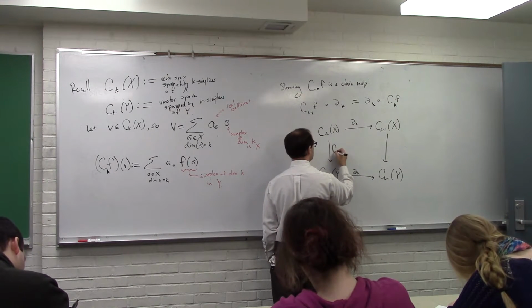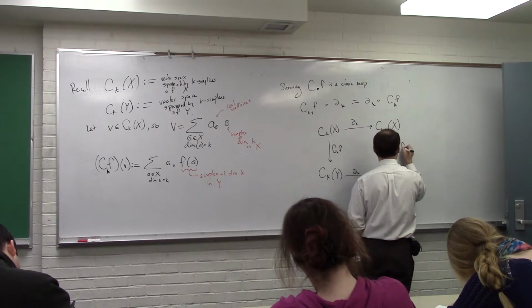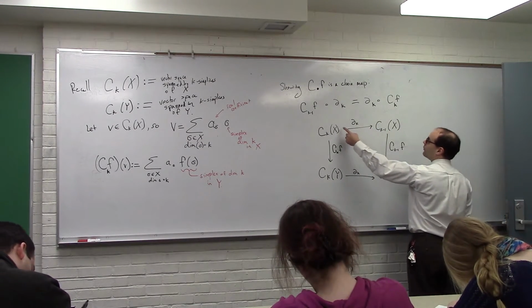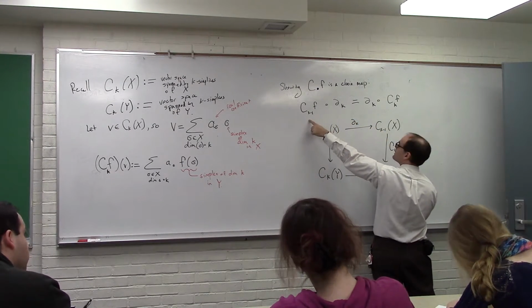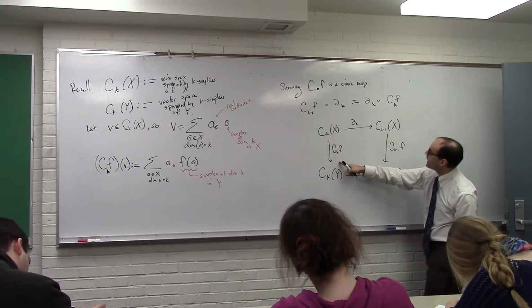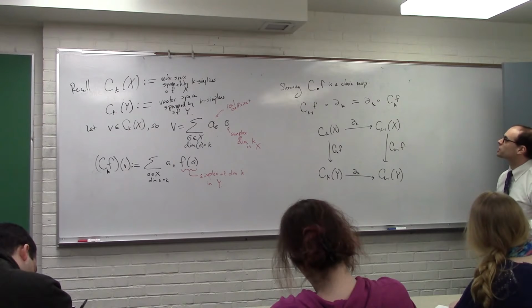This is CKF, and this is CK minus 1F. So if I first do the boundary, then I've got to do the K minus 1 to get to here. Here I'm doing CK of F first, and then the boundary. Okay, so that's what I'm going to check.